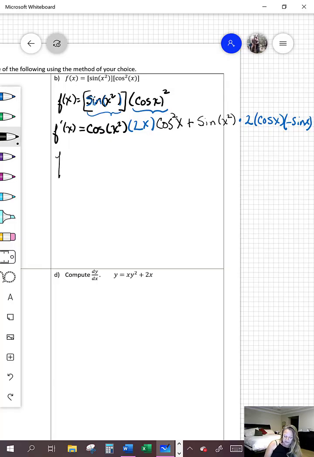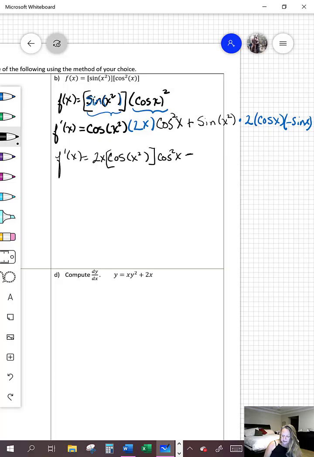So we find that the derivative of f of x is equal to, let's pull the 2x out front, 2x cosine of x squared, all times cosine squared of x, times, well, there's a negative here, so let's pull the negative out front.